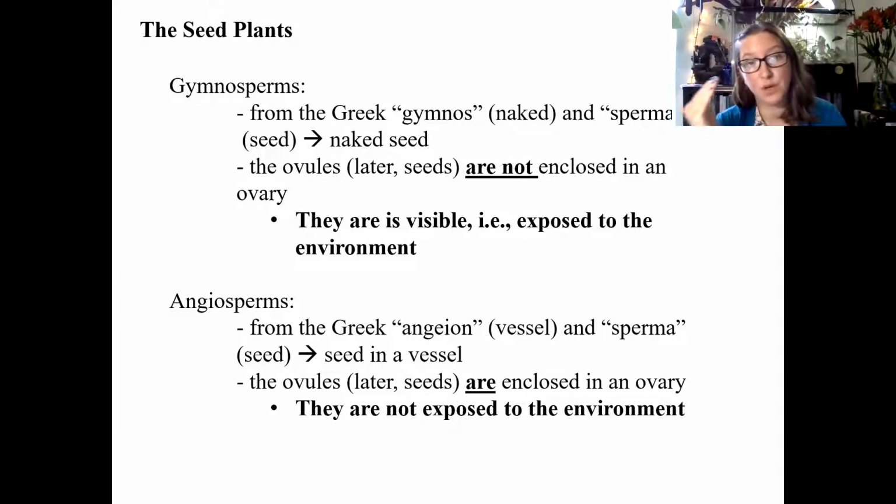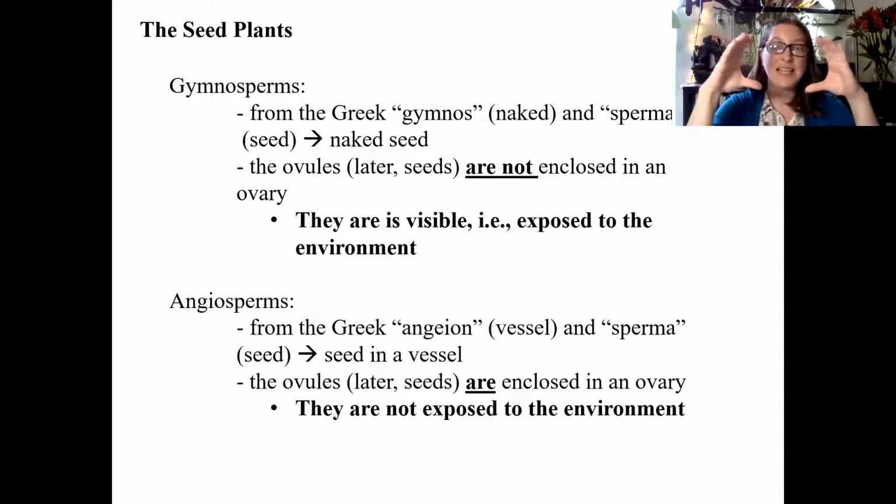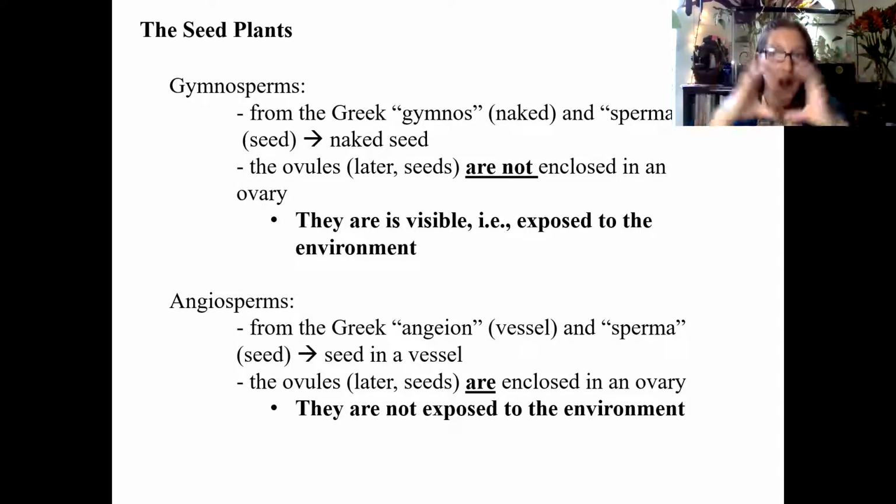But the angiosperms, which come from the Greek angion, which is vessel, and sperma, which still refers to seed, means seed in a vessel, which also means ovule in a vessel, because an ovule is an ovule until it becomes a seed, right? And so the ovules are enclosed in an ovary, and later the seeds will be enclosed in a fruit.